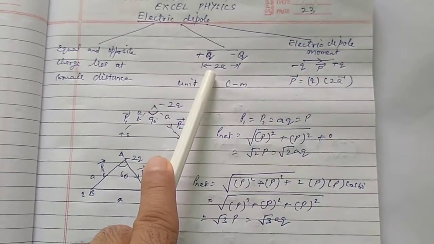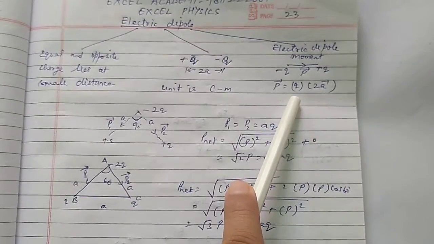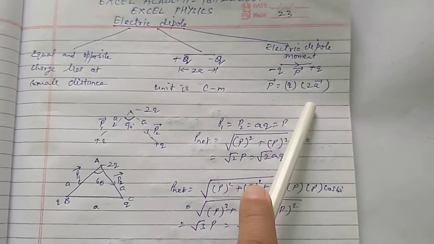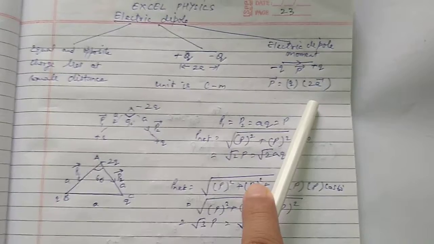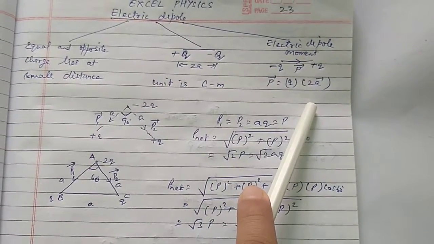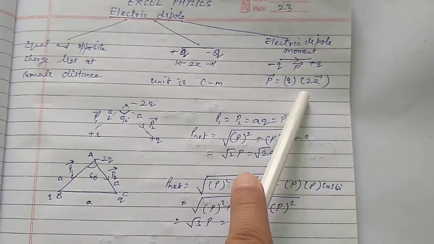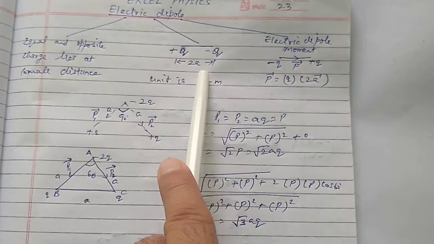Now how can you measure electric dipole? It is equal to the product of the magnitude of either charge and the dipole separation. Dipole separation means the distance between these two equal and opposite charges. So I am taking here 2A as the dipole separation.